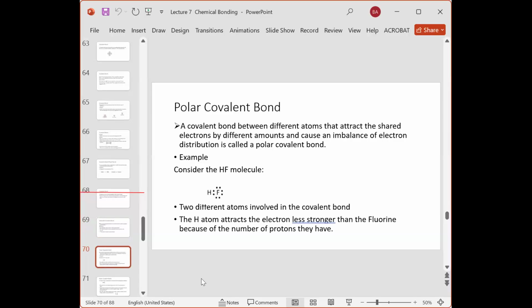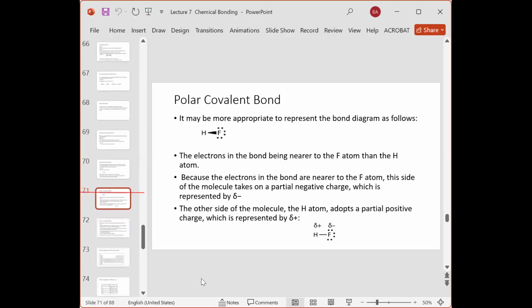The hydrogen atom is not that strong to attract more electrons, so the fluorine will attract more of the electrons. So that becomes polar. The hydrogen atom attracts electrons less strongly than fluorine because of the number of protons they have. So it becomes polar.